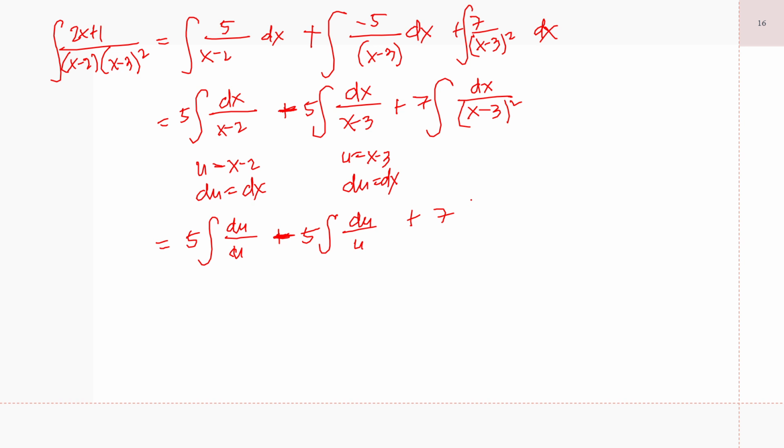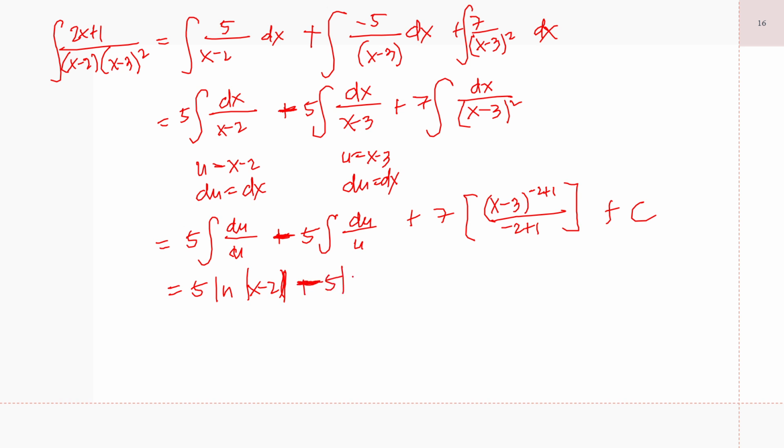Integrate this: 7 times x minus 3 raised to negative 2 plus 1, over negative 2 plus 1, then plus c. So this is 5 ln of x minus 2, minus 5 ln of x minus 3, minus 7 because it will become negative, times x minus 3 raised to negative 1, plus c.